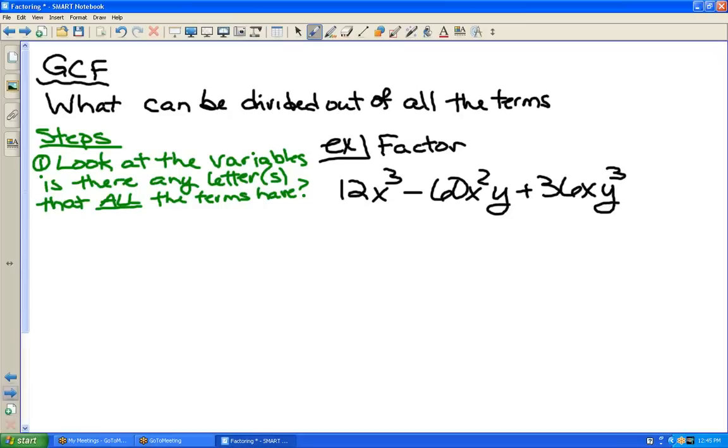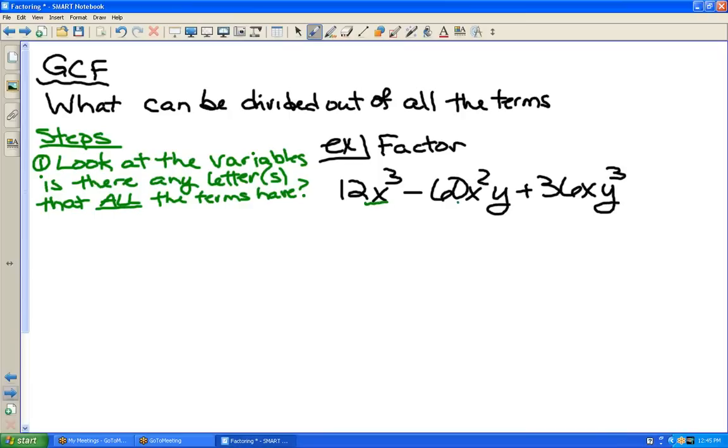Okay, so first of all, I'm going to look at the letters and see if there is or are any letters that all the terms have. So I need to look at all the terms. Currently I have 3 terms. Remember, terms are separated by the plus or minus, so the first term is the 12x to the third, the second term is the negative 60x squared y, and the third term is positive 36xy cubed. Now I'm looking at only the letters, and I see x's and y's.